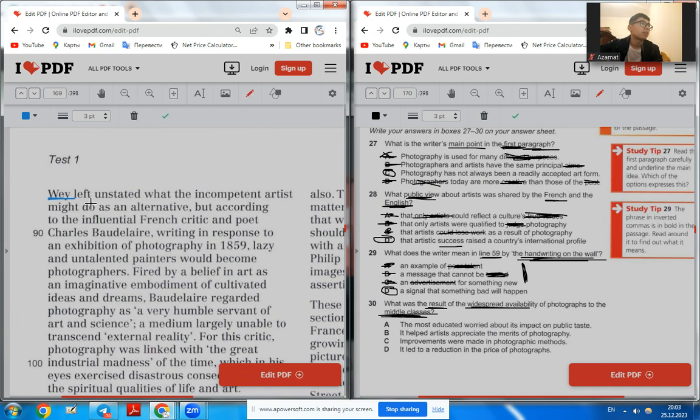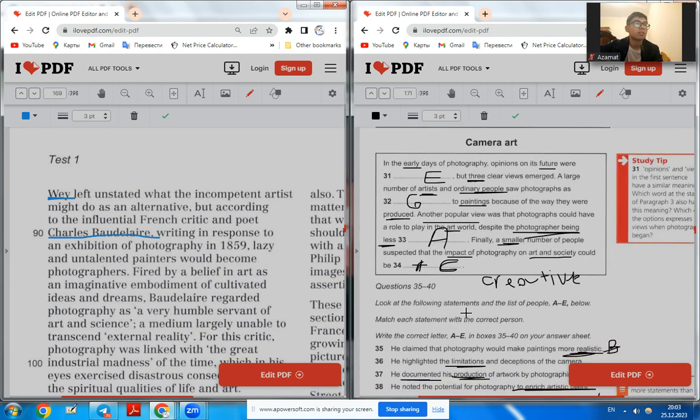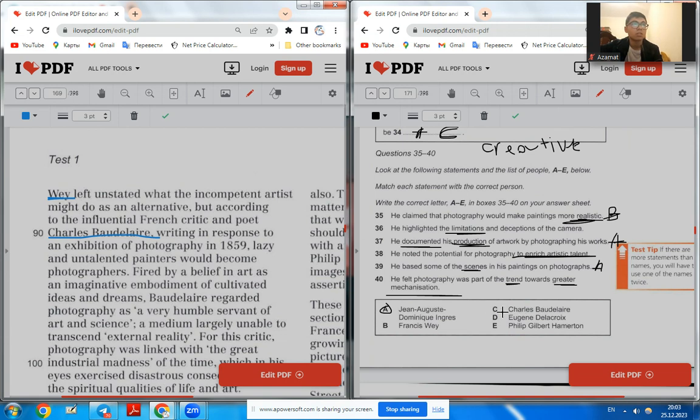Left unstated what the incompetent artist might do as an alternative, but according to the influential French critic and poet Charles Baudelaire, I guess we also have this researcher. Yeah, we have it.